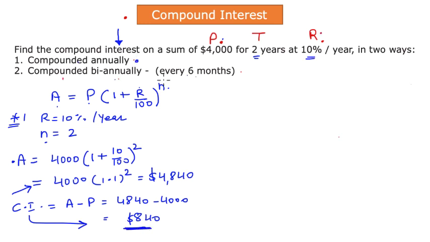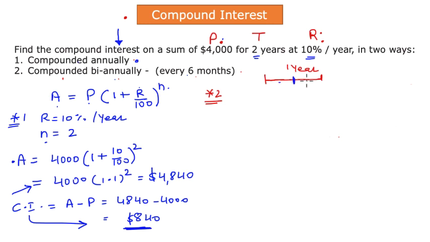In the second scenario, when we are compounding every 6 months, we have to align our parameters a little bit. So if you consider this timeline, there is a time period of 1 year, right? In that 1 year time frame, I'm computing interest every 6 months.